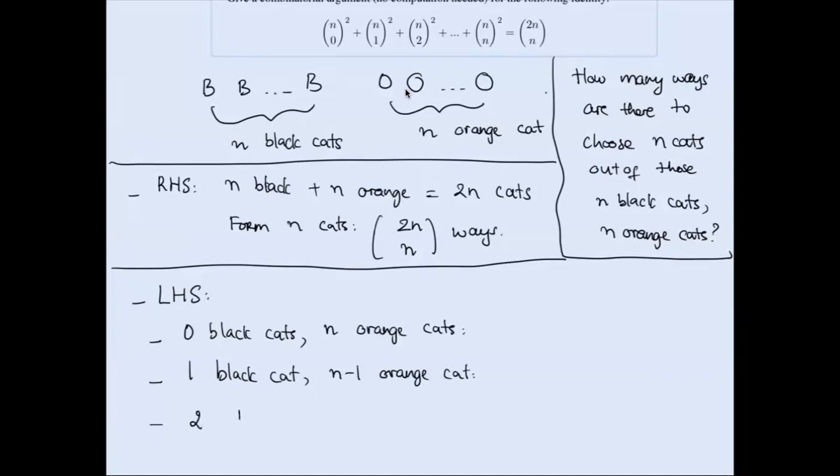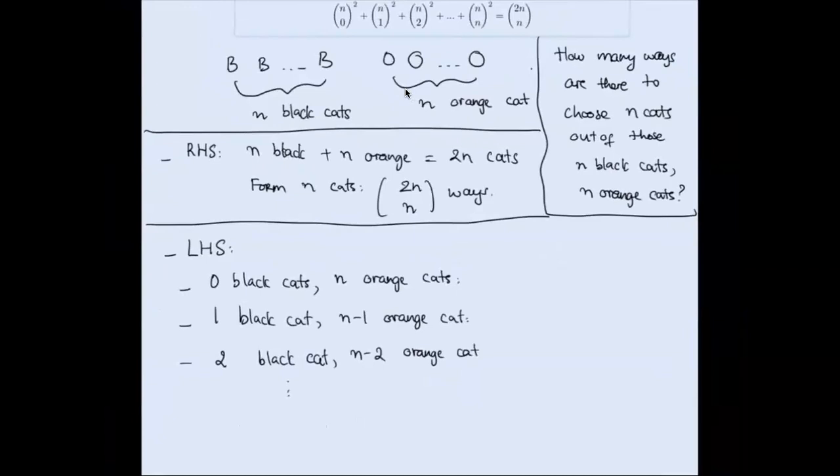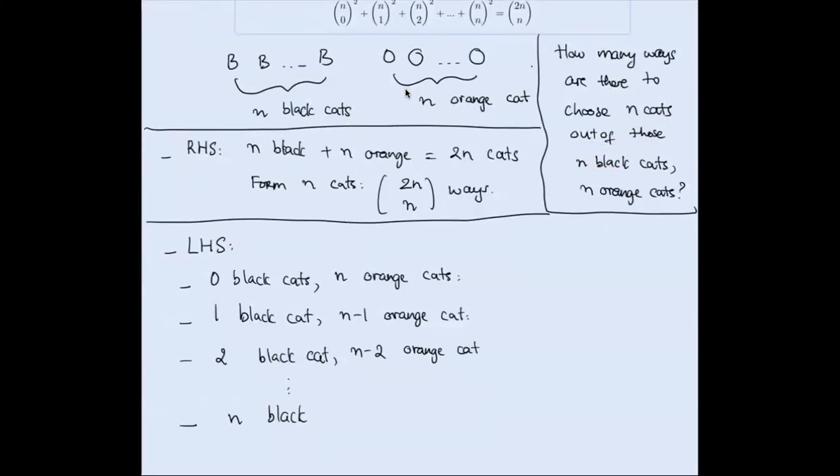If I have 2 black cats, then I would need n minus 2 orange cats. Just like that, until the maximum number of black cats I can have is n, because I'm trying to choose n cats out of these. So maximum, I can only have n black cats.